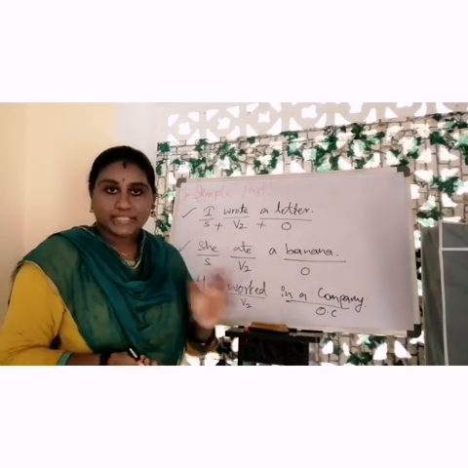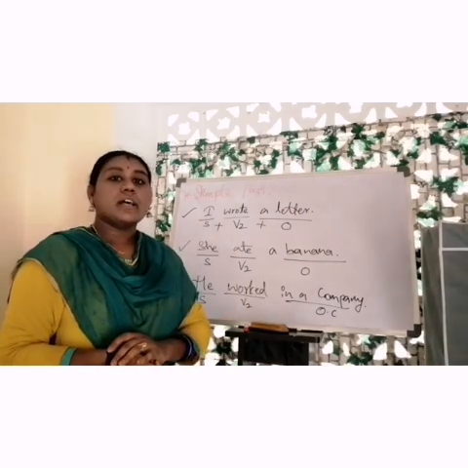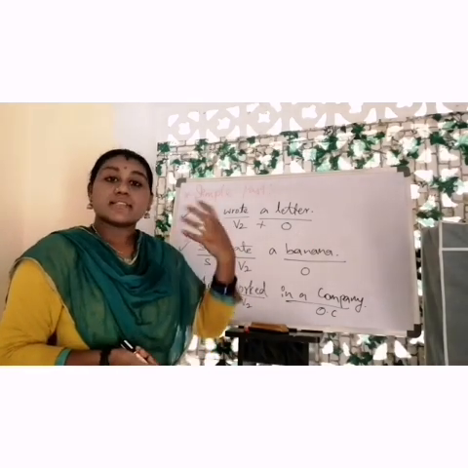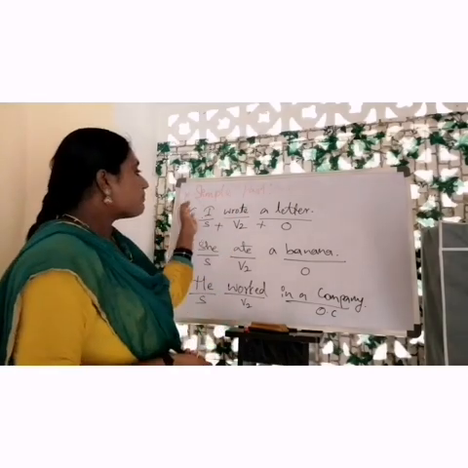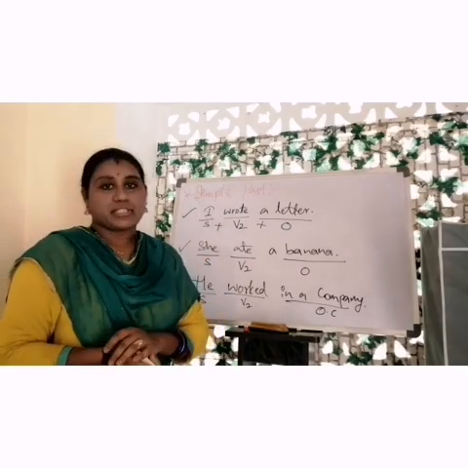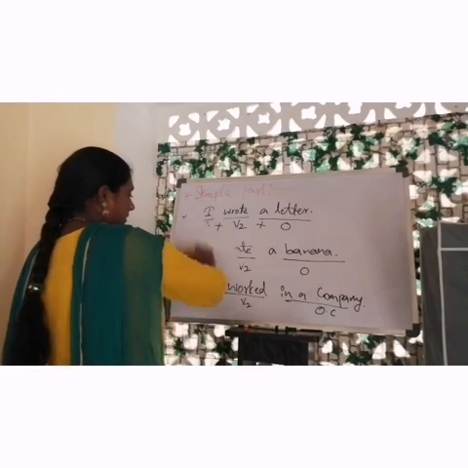Okay, they went to college, or we visited a temple, or they made cake. So these are all different examples of simple actions in simple past. And then we go for the habitual actions.